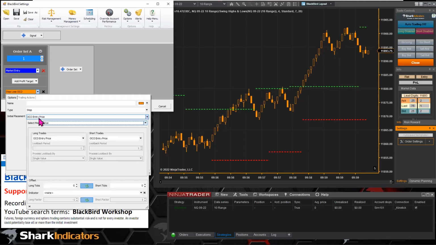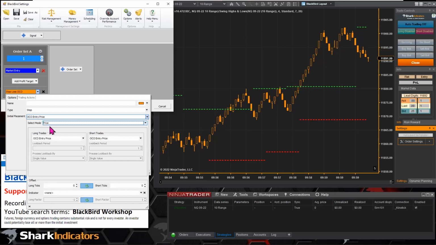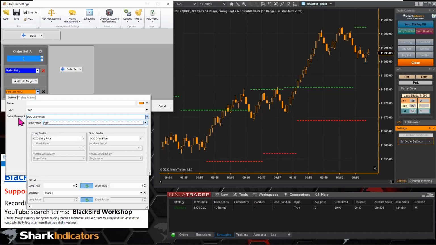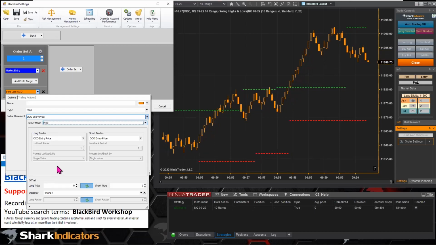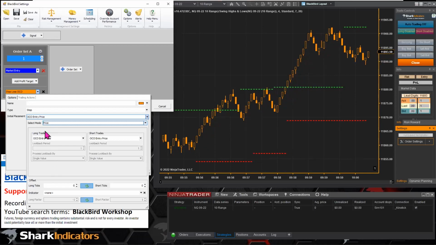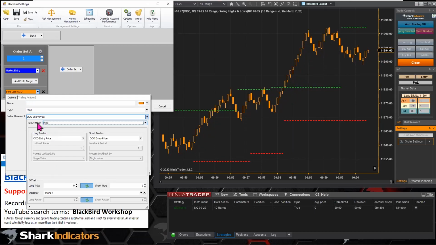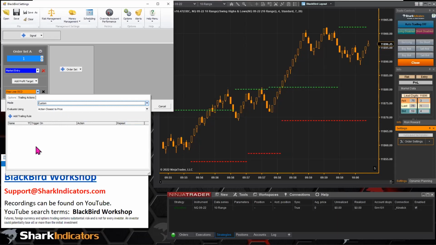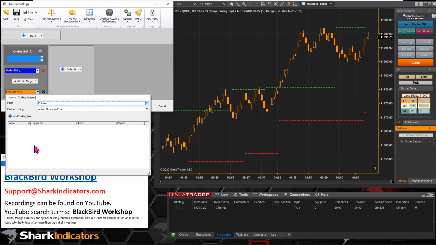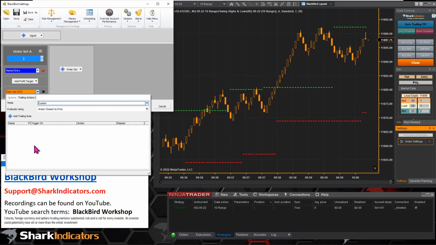In the initial placement you can only define one price point. There isn't a double entry system in here for BlackBird to pick the best of the two price points, so you have to stick with one. Once we pick a price point, then we can go into the trailing actions and allow the trailing actions to choose between two different price points and move the stop loss to the closer one, right?